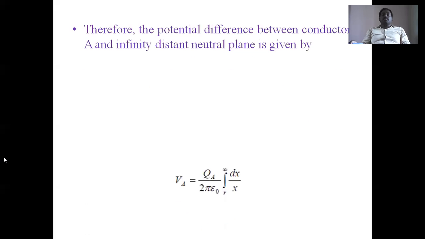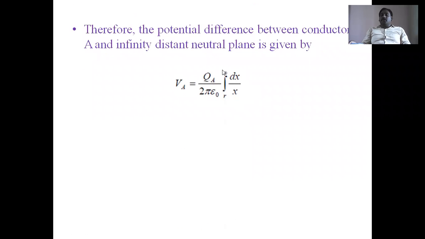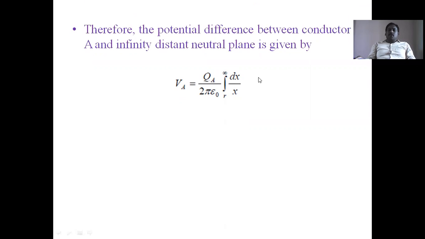The limits are r to infinity. The potential is the work done required to move a point charge from the initial point to infinity. First the point is located at the surface of the conductor, at r meter distance, and the final limit is infinity.